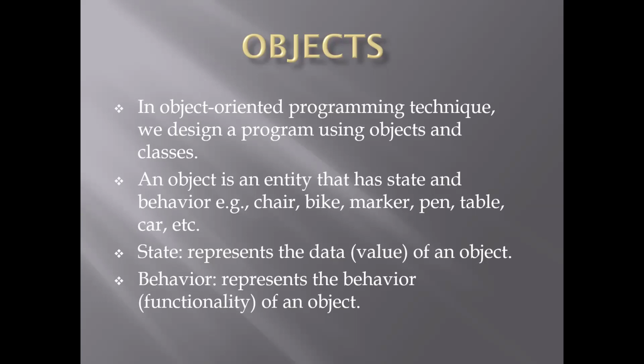It has some values and some functionalities. State represents the data or the value, and behavior represents the functionality of an object. And every object is an instance of a class.